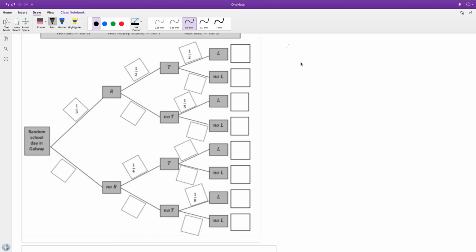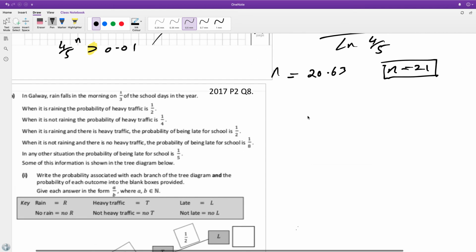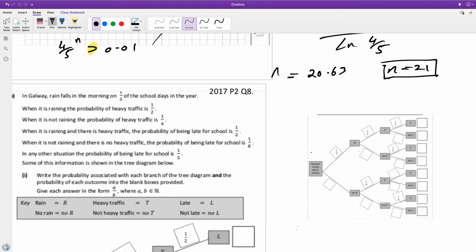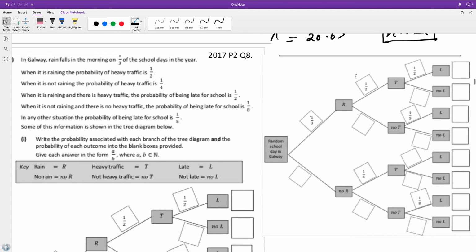When it rains, probability of rain is 1/3, what can we put in here? 2/3, exactly.